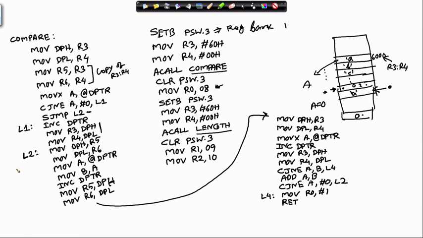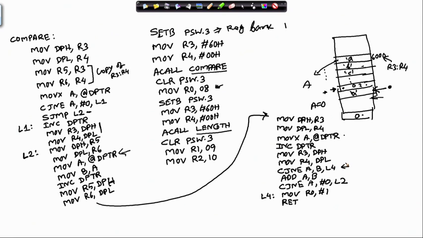Because now I have got the next character. So, again I am going to compare the next character. What has happened is the first two characters have matched. So, if it is coming from here, then the first two characters have matched. Now I am getting the next character. This MOVX will get me the next character of the first string, this MOVX will get me the next character of the second string, and then I am comparing them in this CJNE instruction, okay.